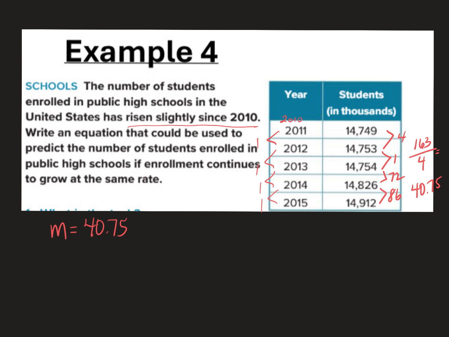So if my average rate of change is 40.75, then I'm going to take 14,749 and subtract, I'm using a calculator, if I could use it properly, 14,749 and subtract 40.75, that would give me 14,708.25 for my y-intercept.